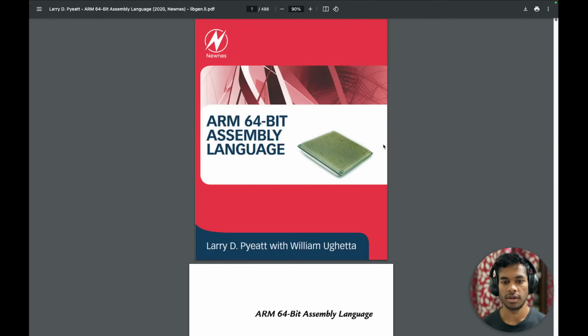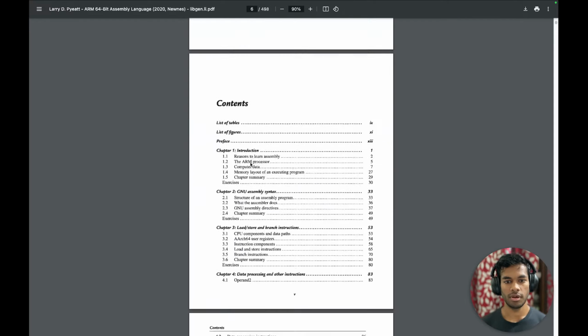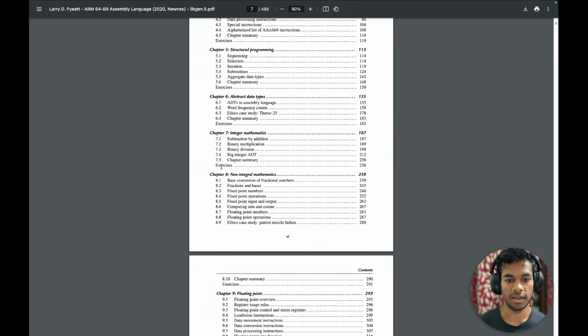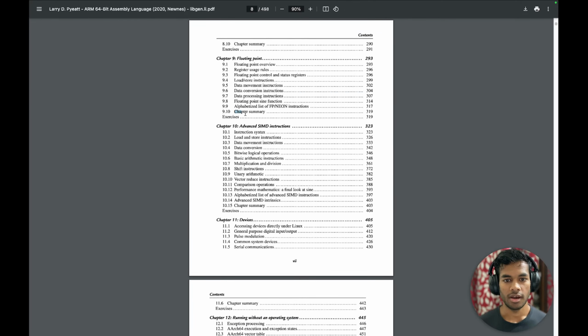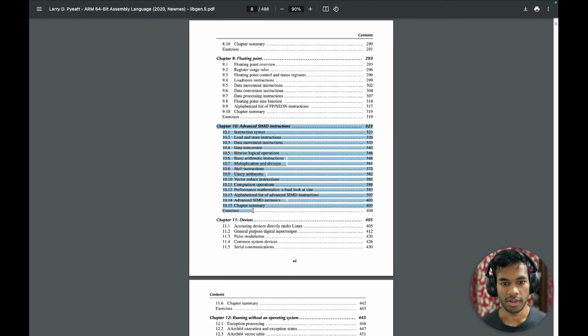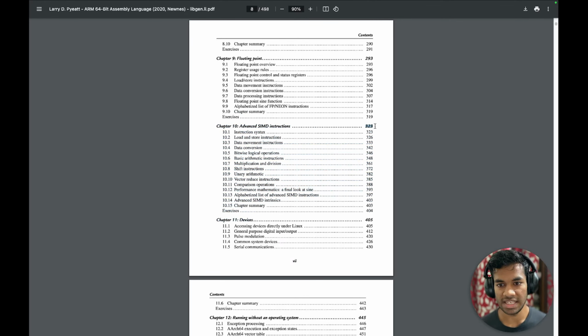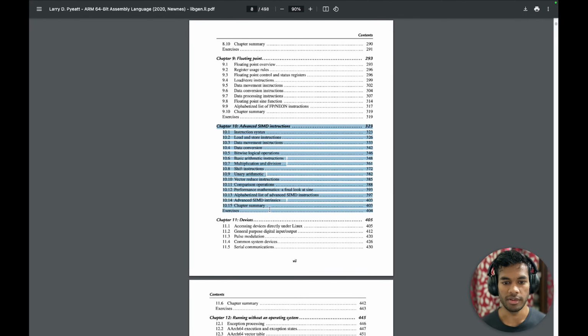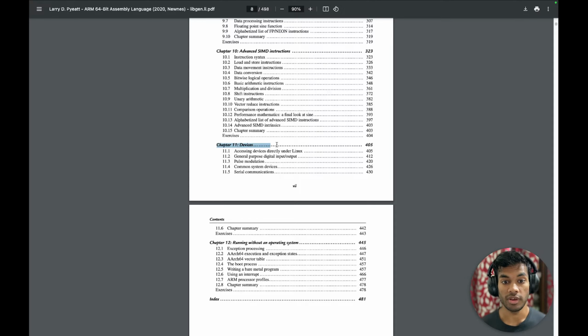Yep, in the index, we are currently at the end of chapter number 9. Then we have advanced SIMD instructions, which is about 80 pages long and is going to be amazing. And then we have devices, how we can access the peripheral devices in assembly. That is also amazing. Then we have chapter 12, running without an operating system. We can run our code without an operating system.